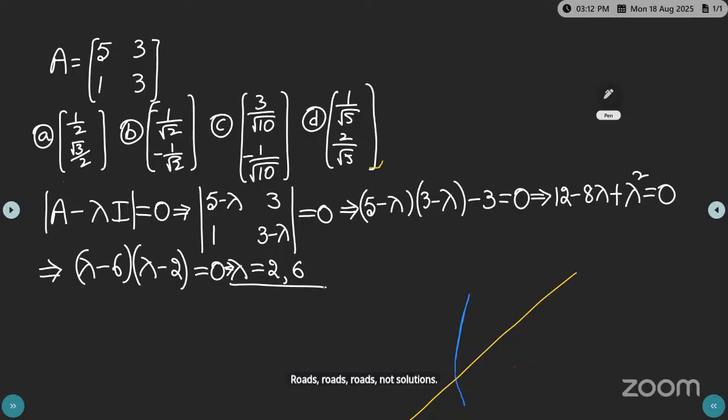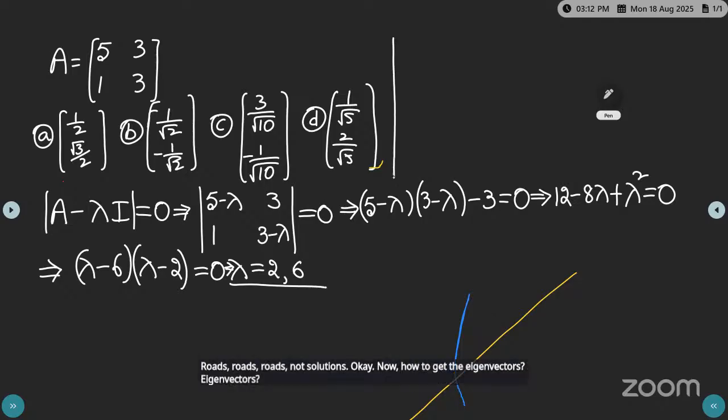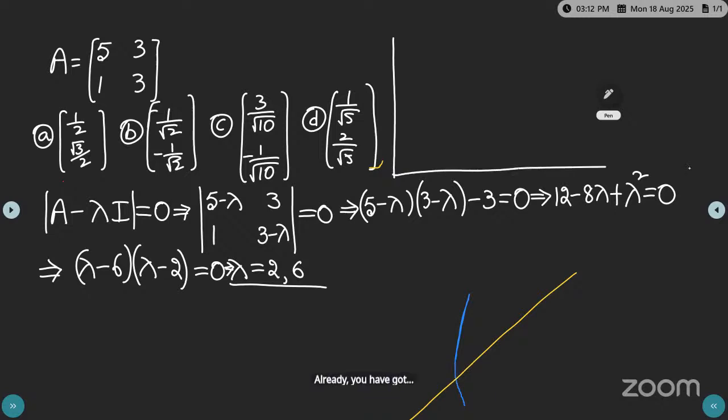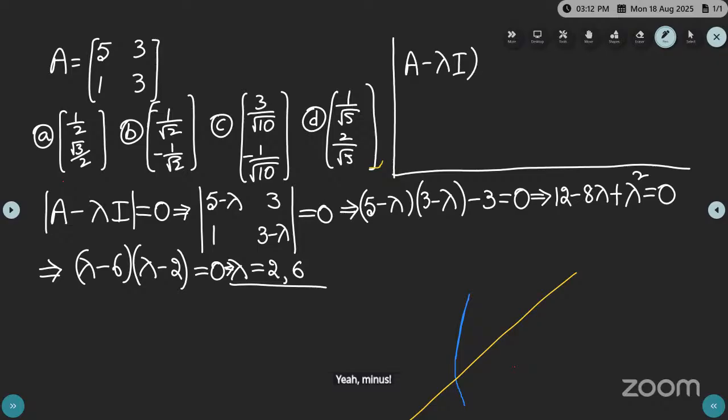Okay. Now how to get the eigenvectors? Already you have got what am I? A minus lambda I into x equals 0, where x equals x1, x2.